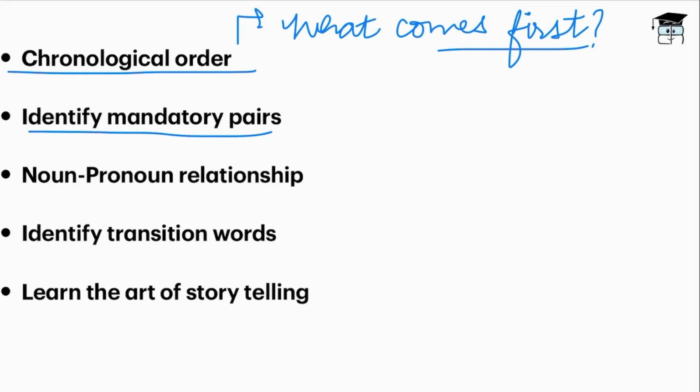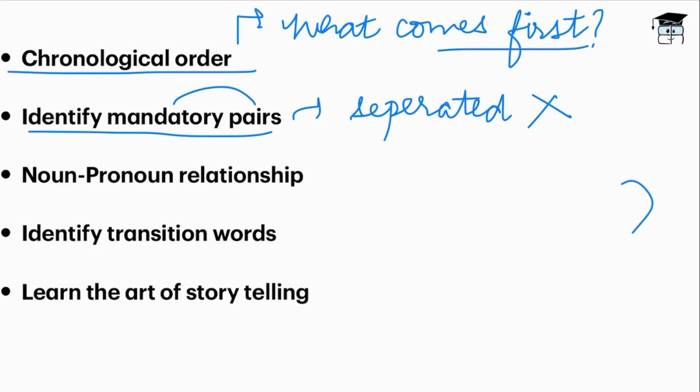Alright, the next approach will be identifying mandatory pairs. What are mandatory pairs? These pairs are such words that cannot be separated. Okay, that means that you have to look for these mandatory pairs in every sentence and you will be able to combine two or more sentences together and it will make your task much more easier.